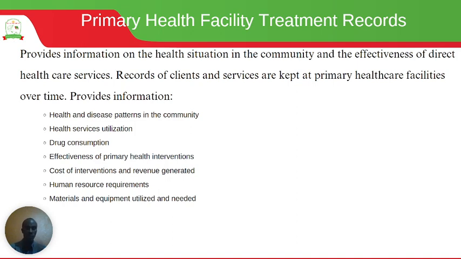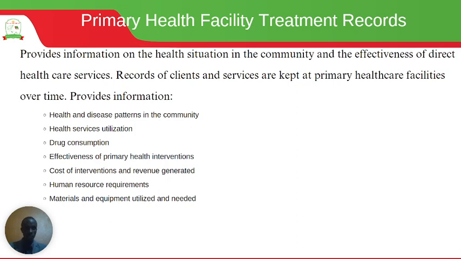So we use such data to assess whether primary health interventions are effective or not. Then the cost of interventions and revenue generated. Some of these primary health facilities could have some services that are private or paid for, so that revenue that is generated is also factored in whenever we are assessing these records.